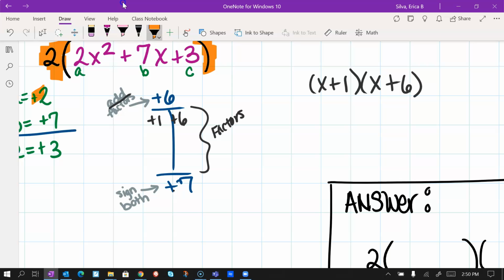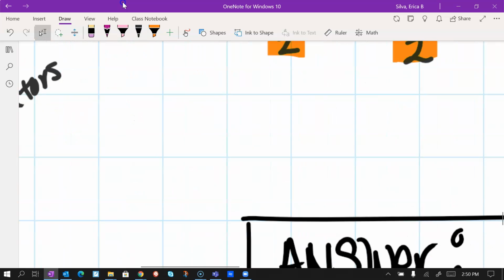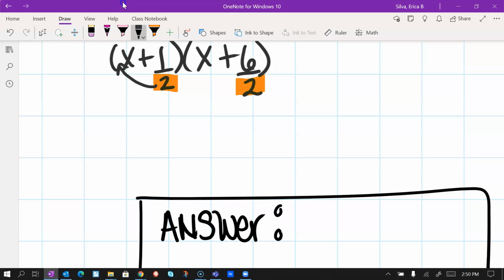Now we go to our A. Remember, our A is 2. So we're going to divide this number by 2 and this number by 2. 1/2 does not divide evenly, so we're going to slide it to the front.